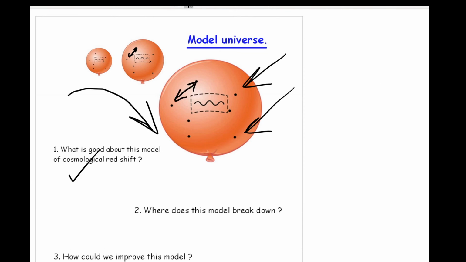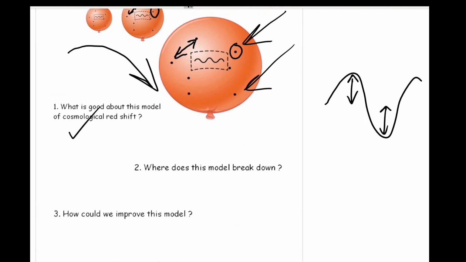Where did this model break down? Well, the galaxies themselves appear to increase in size. This doesn't happen in reality because gravity holds them together. Plus the amplitude of the wave appears to increase as well, which is incorrect. How could we improve this model? Well, instead of drawing little dots to represent the galaxies, you would stick small dots of paper onto the balloon to represent the galaxies.